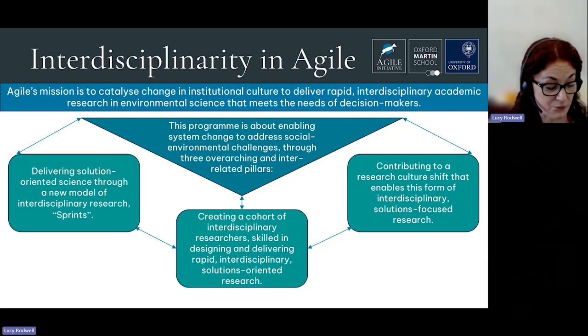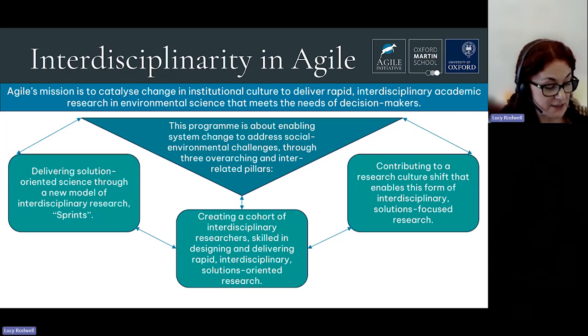However, by being part of a sprint, you are also part of our drive to increase the number of researchers in the university who are capable of transcending disciplinary boundaries. Why does this matter? Because Agile seeks to deliver the socio-environmental research results to answer urgent policy questions, and policy spans a range of considerations that rarely only rely on one academic discipline.